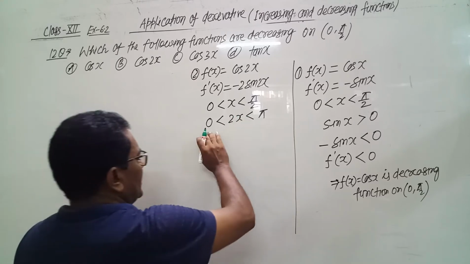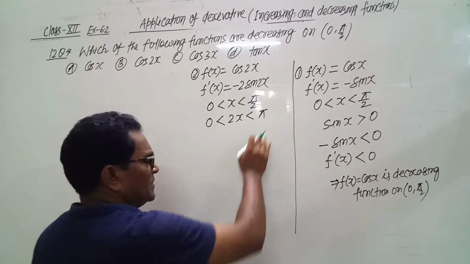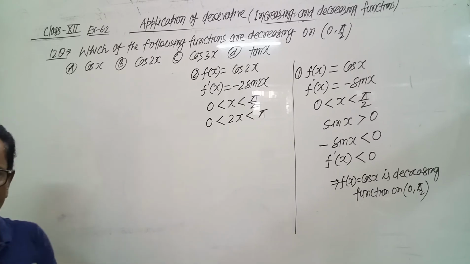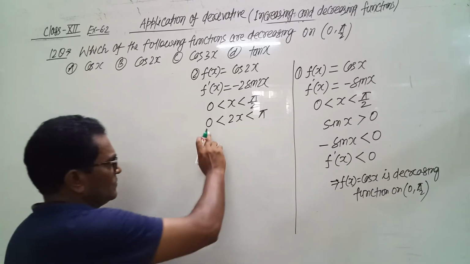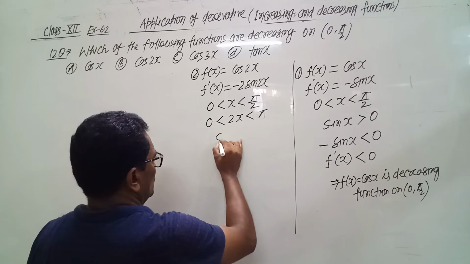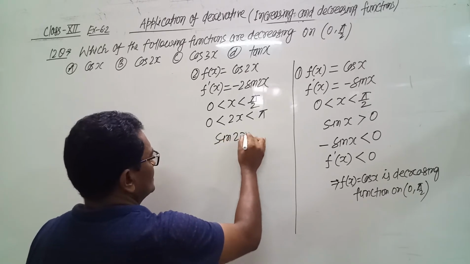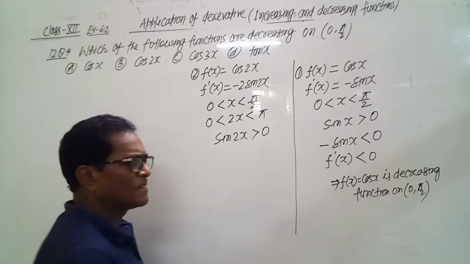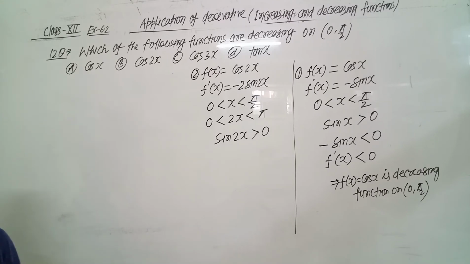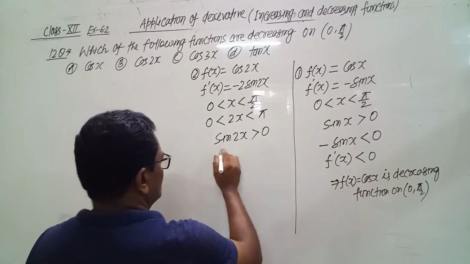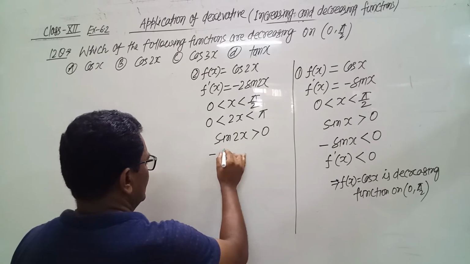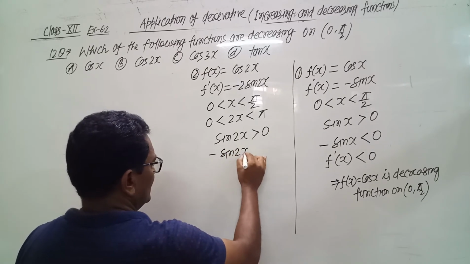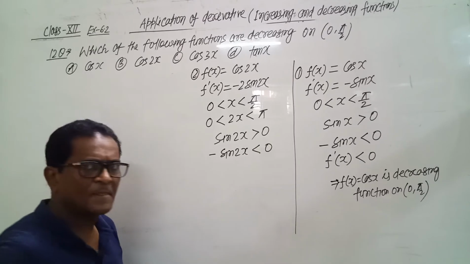And 0 to pi means the first quadrant and the second quadrant. From 0 to pi, we know that sin 2x is greater than 0, since sine is positive in the first and second quadrants. So sin 2x is greater than 0, which means minus of sin 2x is less than 0.